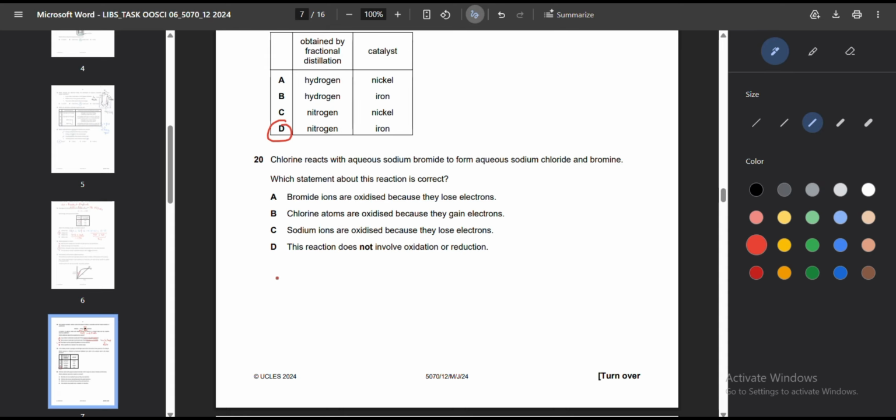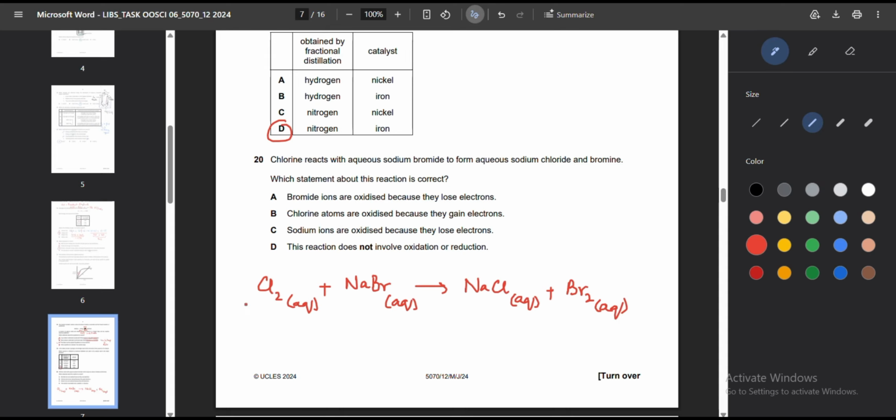Alright, so if you write the reaction over here, it's chlorine plus sodium bromide, and this chlorine displaces bromine and forms sodium chloride, and bromine moves out.